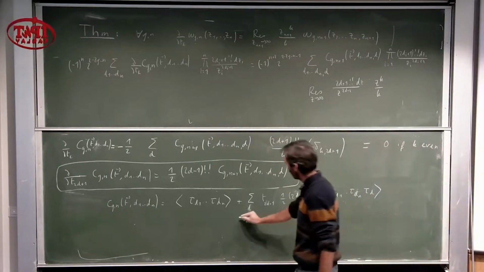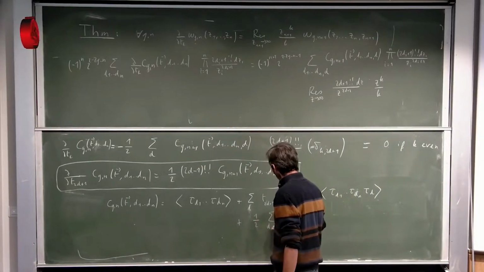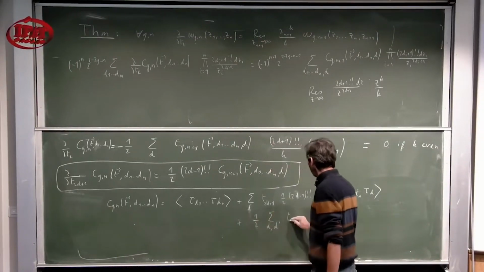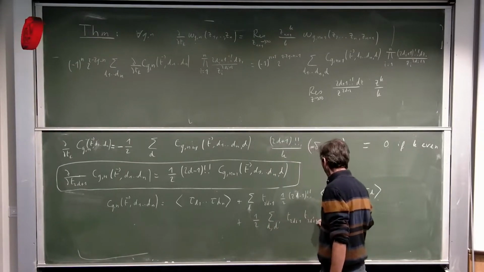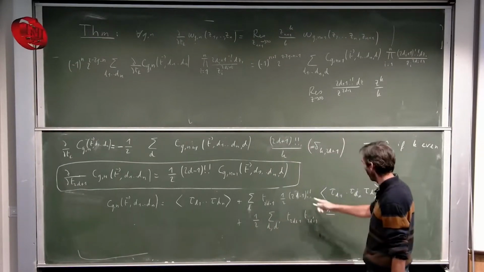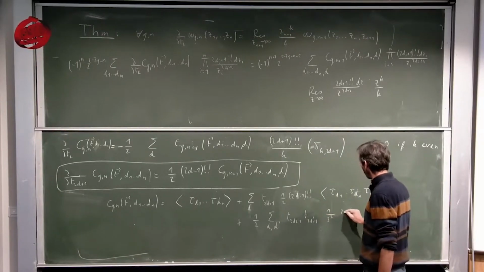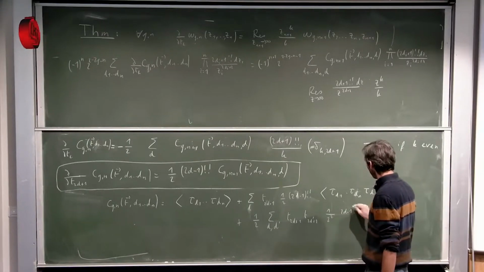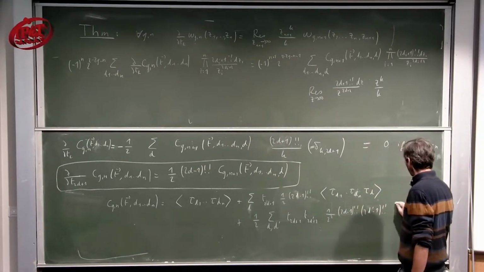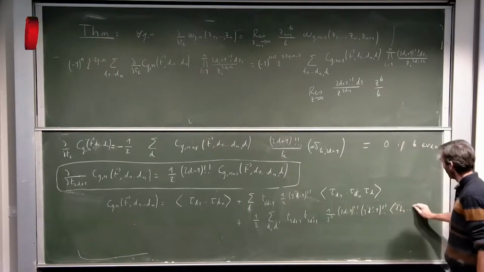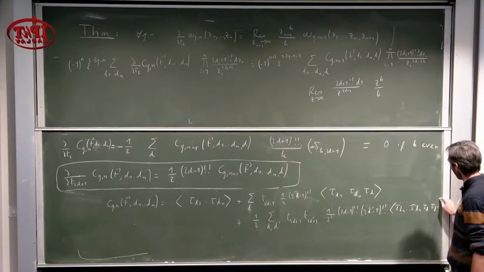Plus, if you want to continue the Taylor expansion, 1/2 of sum over d and d prime, 1 over 4 squared, (2d minus 1) double factorial, (2d prime minus 1) double factorial, tau d1 ... tau dn, tau d, tau d prime, and so on.